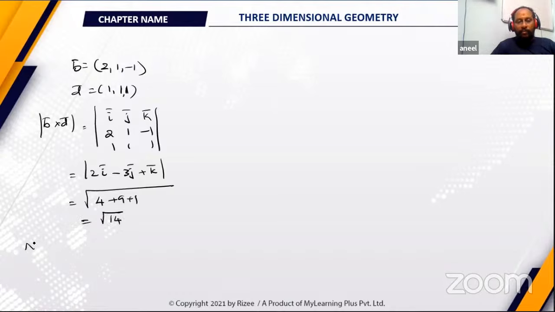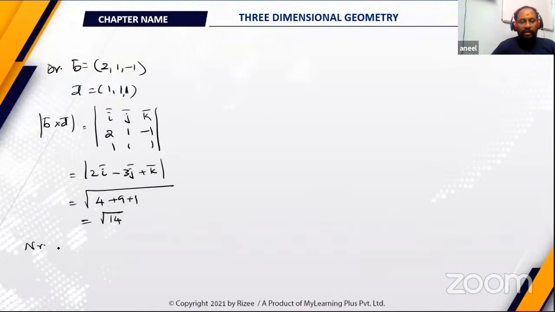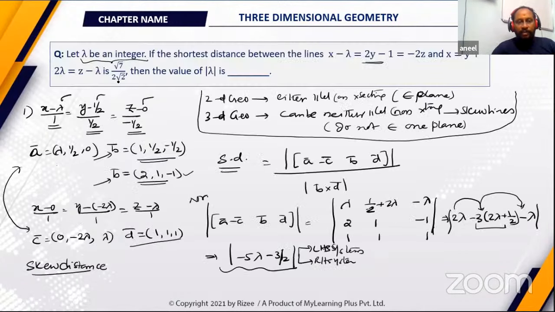So the denominator is this. The numerator I got was the modulus of minus 5 lambda minus 3 by 2. Moreover, what has been given in the problem? The skew distance has been given as root 7 by 2 root 2. So I have to apply that now.